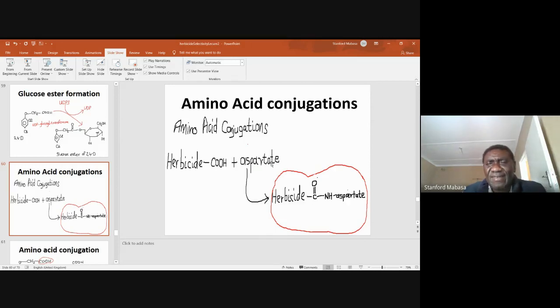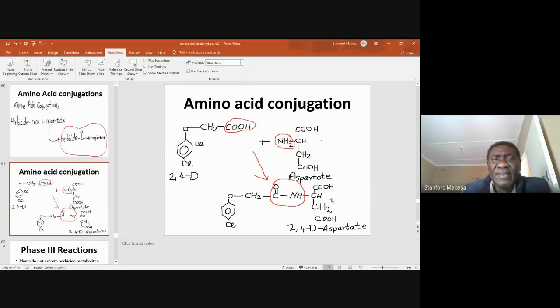So aspartate can combine with these to form these structures. Herbicide, which is combined to the aspartate via the carbon with a double bond to oxygen and this NH. So this is the actual 2,4-D, and this is the actual aspartate, and this is how they are joined.